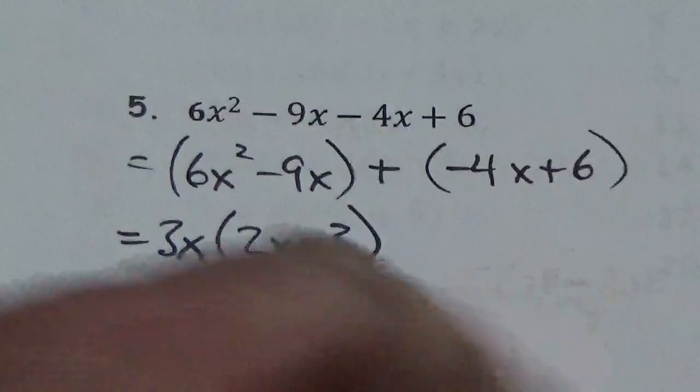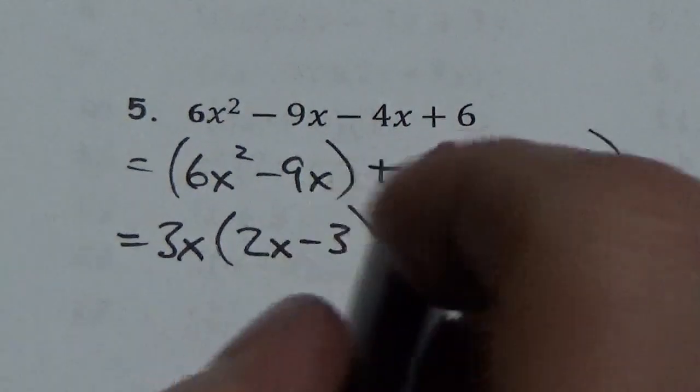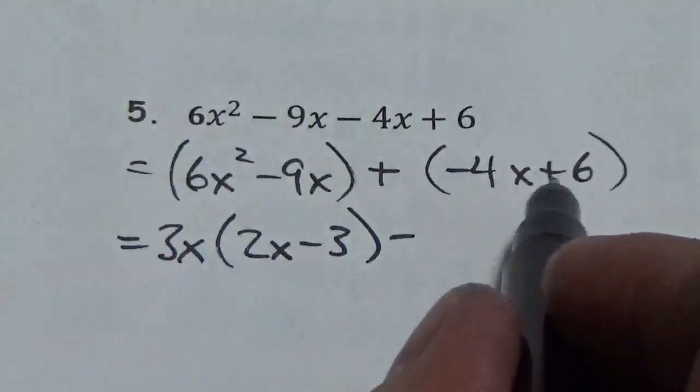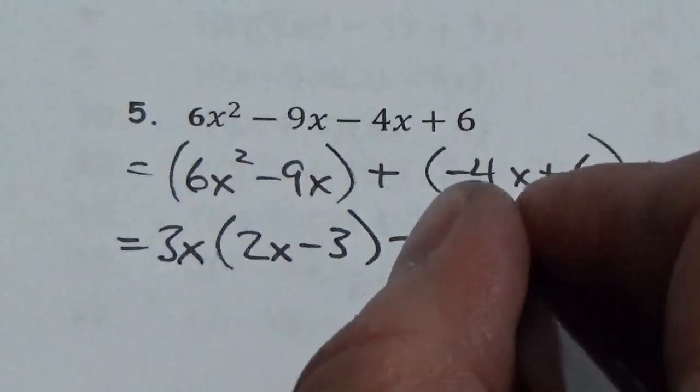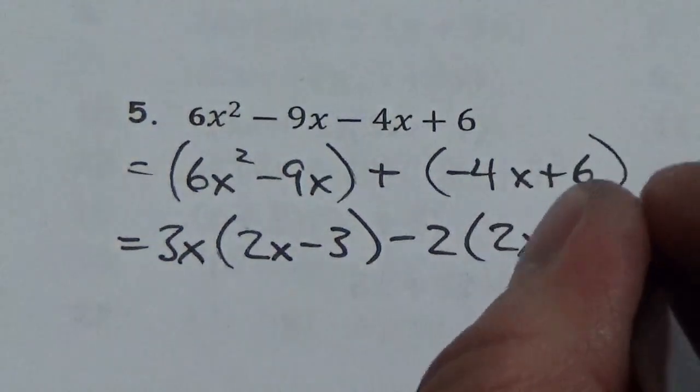When I look at what's common here, I think back to what we talked about. One of the first things we mentioned was we don't like starting with a negative. So I'm going to take out a negative, and there's a common factor of 2 to both of those. So when you take out a negative 2, I'm going to be left with 2x minus 3.